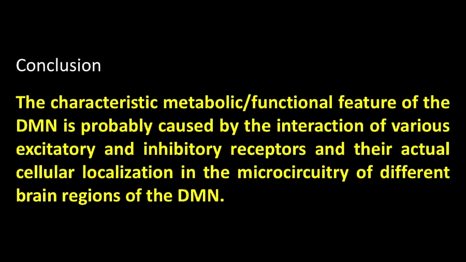And the conclusion is the characteristic metabolic functional feature of the default mode network is probably caused by the interaction of various excitatory and inhibitory receptors and their actual cellular localization in the microcircuitry of different brain regions of the default mode network.